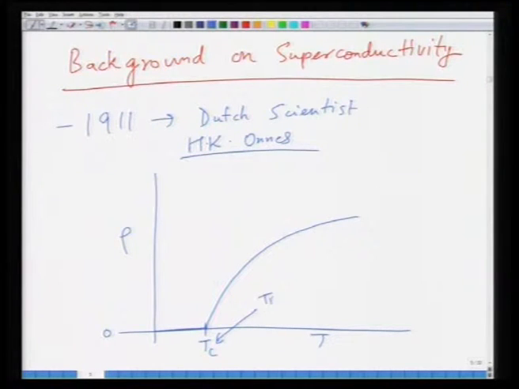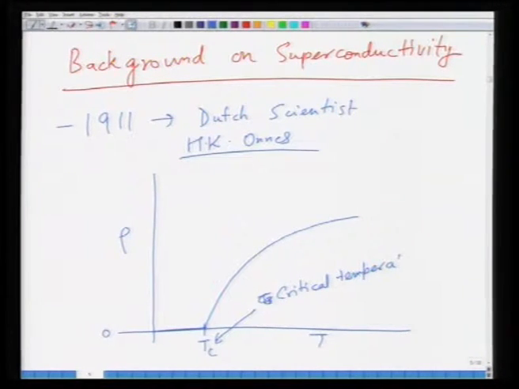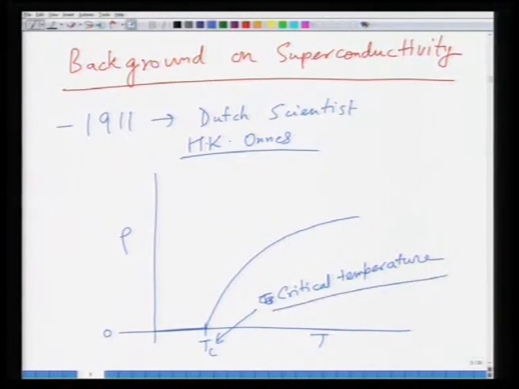So this is the critical temperature. Beyond this temperature the material remains superconducting, and the behavior is not like this, but rather if you take it above TC, it is sort of like this, and then of course it follows some sort of power law when you reach normal temperatures.